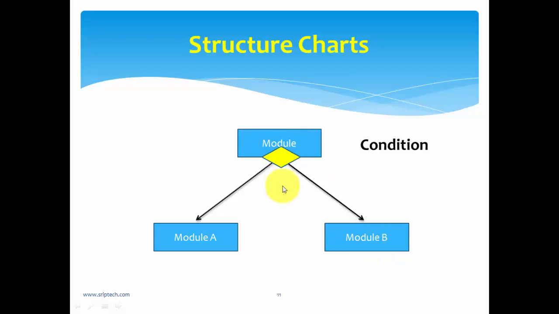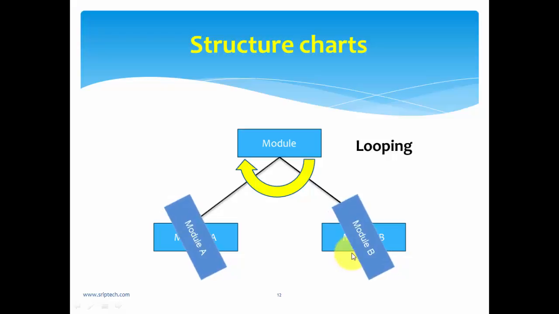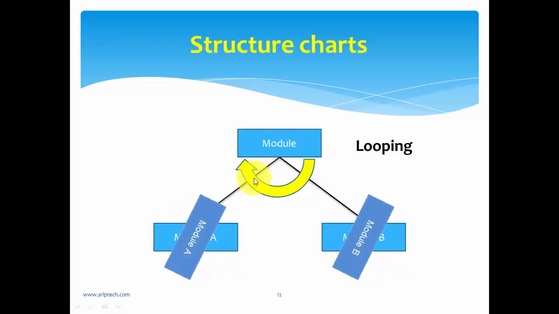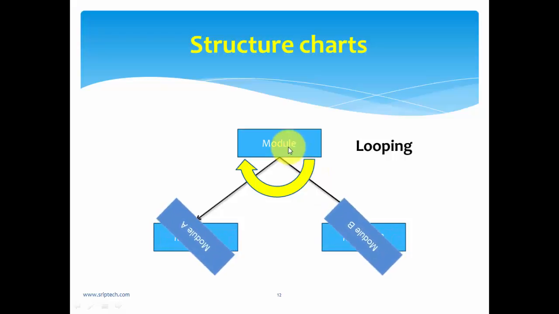So this is another notation which we commonly use in a structure chart, and sometimes we also use looping in a structure chart. Now what is looping in a structure chart? It is where the main module continuously calls module A and module B based upon a certain condition.